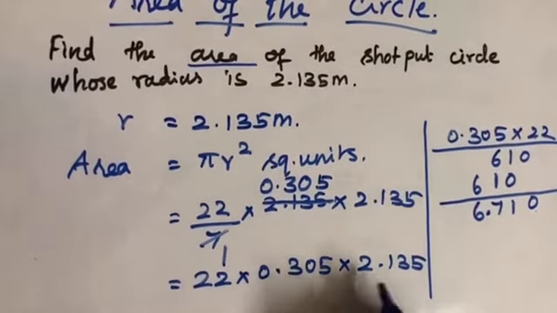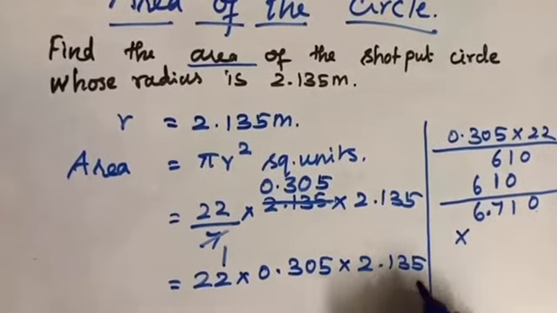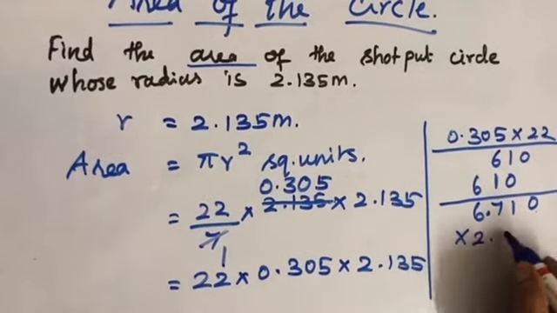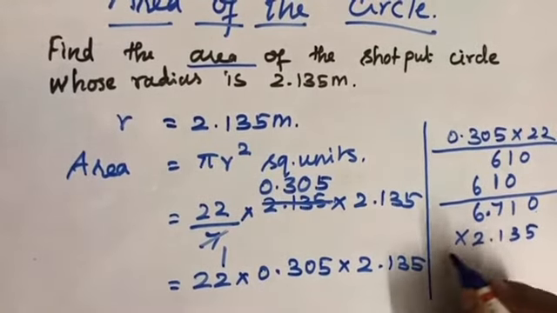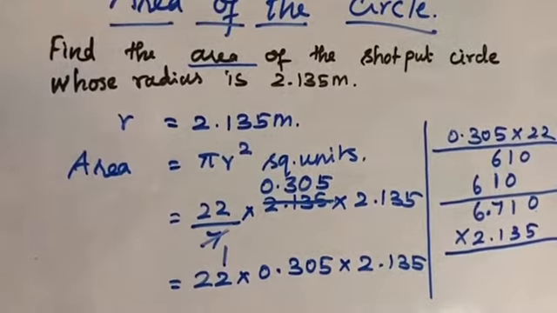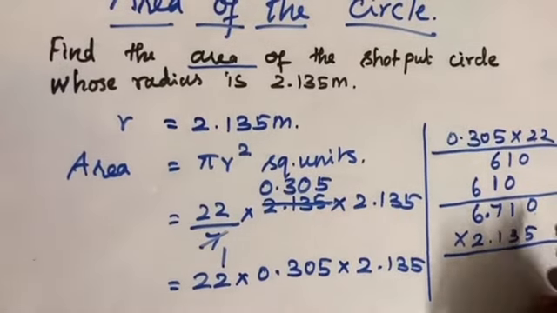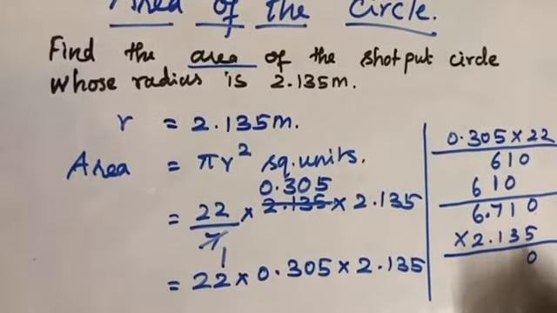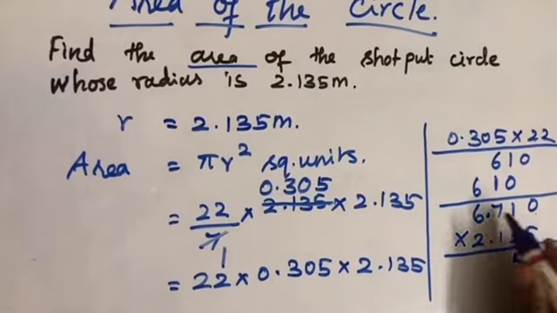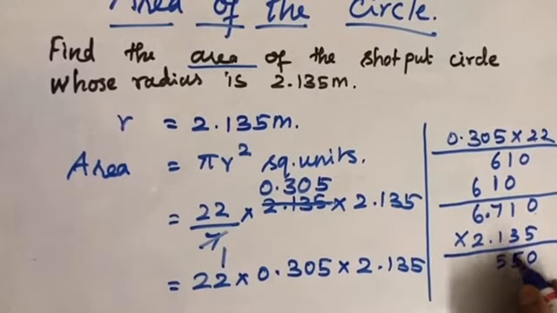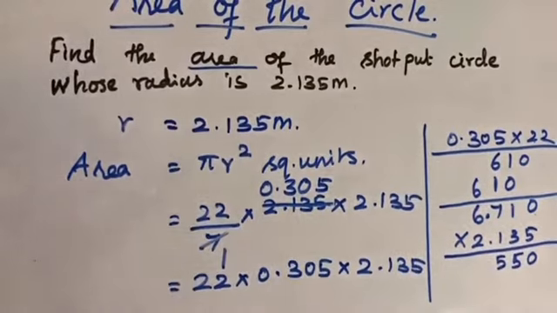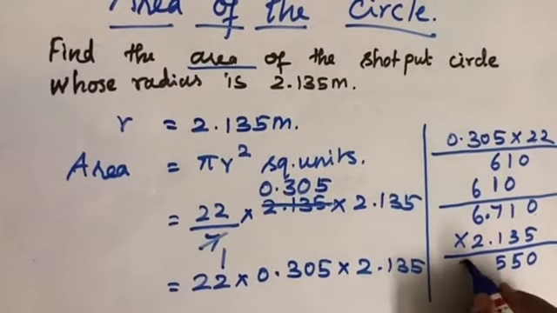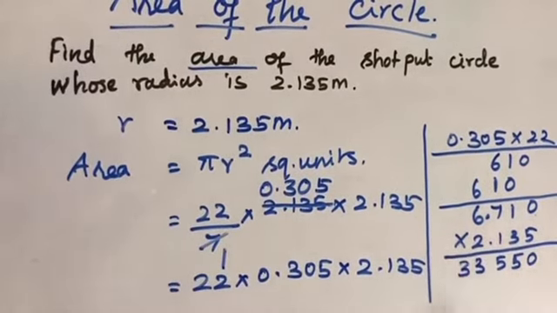Now we have to multiply this with 2.135. Now we have to multiply it with 5. First 5. 0 5 into 0 0. 1 5 is 5. 5 sevens are 35. Remaining 3. 6 5s are 30 plus 3, 33. Again with 3.